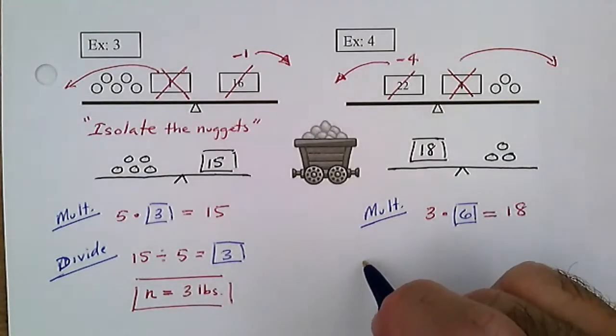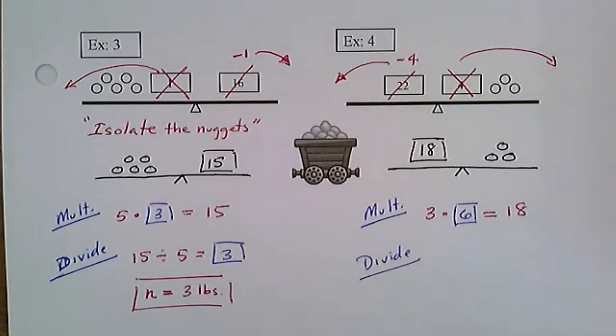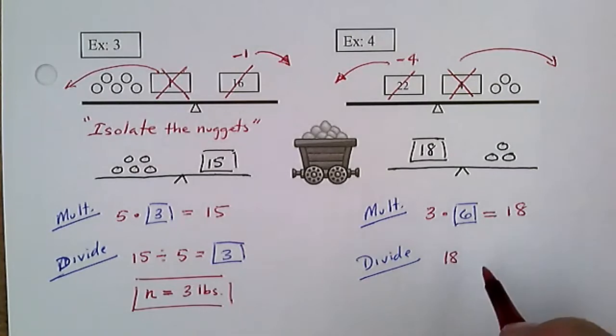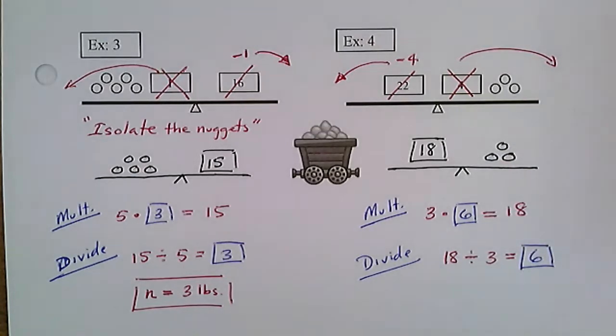If I wanted to divide, I could do divide. And I'm going to start with 18. And then I'm going to divide by my 3 nuggets. I'm going to divide by 3. And that's going to be 6. Okay, so in this final answer, each nugget is equal to 6 pounds.